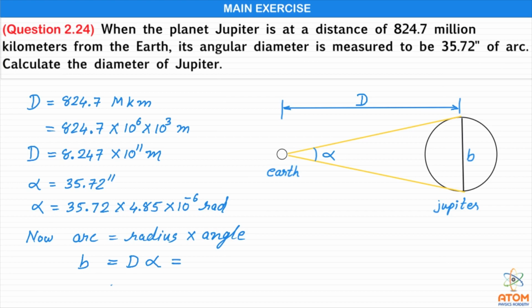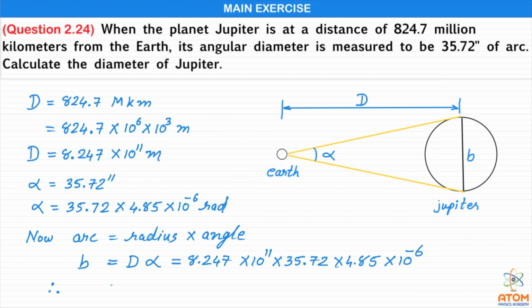So let me put the values. D is 8.247 into 10 raised to 11 and alpha is 35.72 into 4.85 into 10 raised to minus 6.